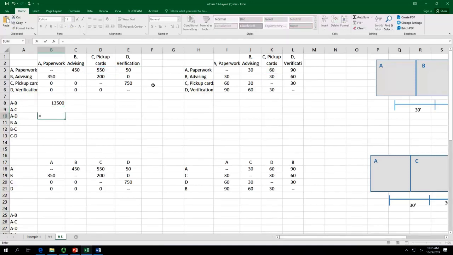The next one is from A to D, so a distance of 90. Then from B to A, there is data showing the people count, so 350, and we know this distance is 30. And how about B to C? B to C is 200.